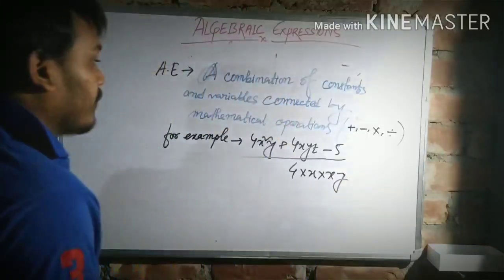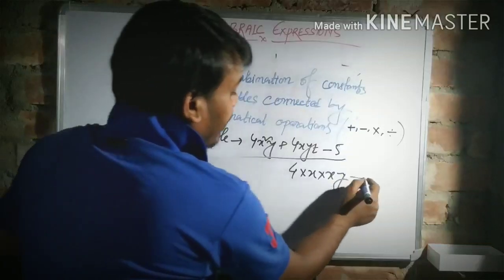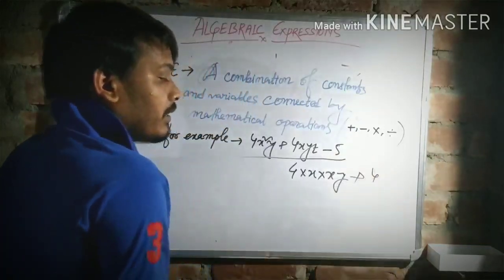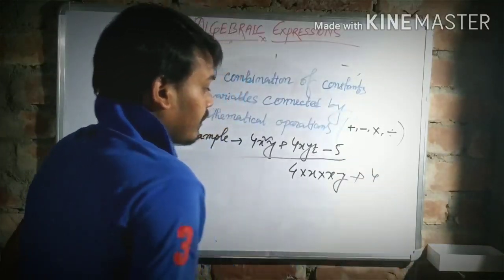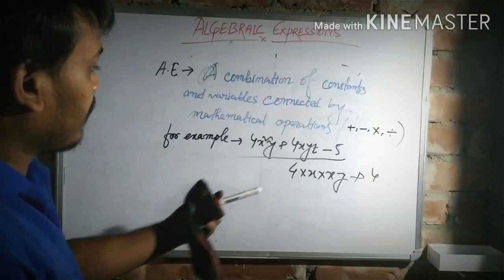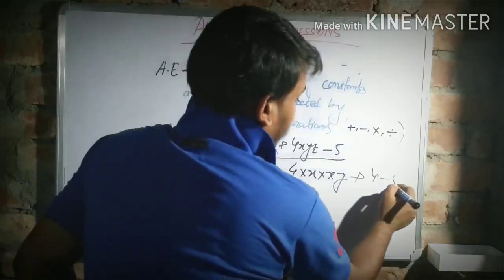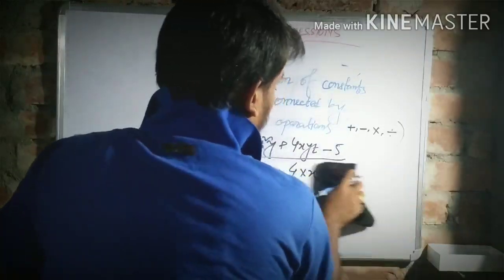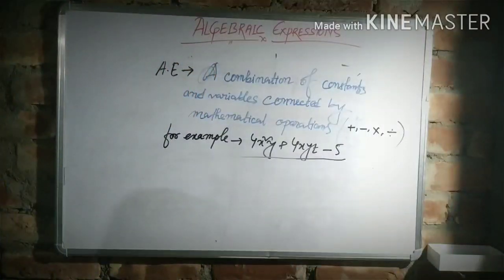The first term is connected with the second term by plus, 4 into x into y into z. The third term is connected with minus, 4xyz minus 5. So this is an example of an algebraic expression.